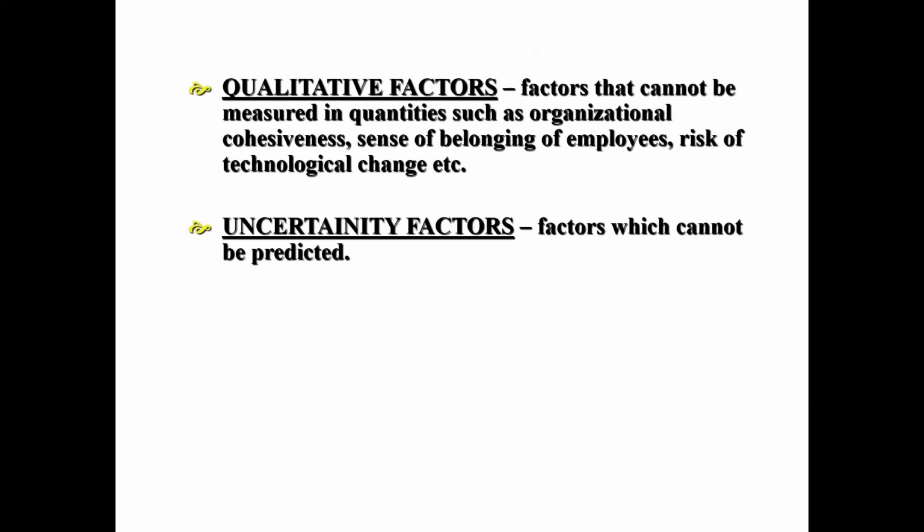Next, qualitative factors cannot be measured in quantity, such as organizational factors, employees, and risk of technology changes. Mostly, researchers may not be willing to share their technology transfer to industry. That is another issue in research. If you identify a technology, how will you transfer it without royalty?